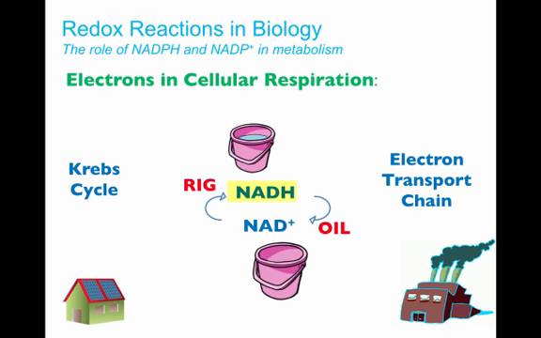When NADH is oxidized, it becomes NAD+, and then it's reduced by picking up an electron to become NADH again. And in the case of cellular respiration, the NADH molecule is picking up an electron from the Krebs cycle of cellular respiration and bringing it to the electron transport chain, which is going to produce energy in the form of ATP, and that'll be the product of our factory.